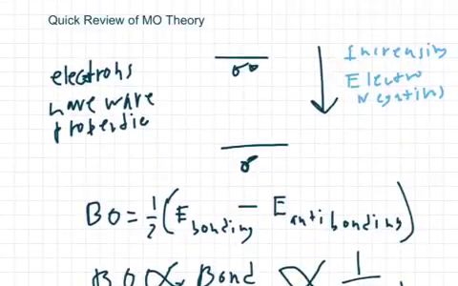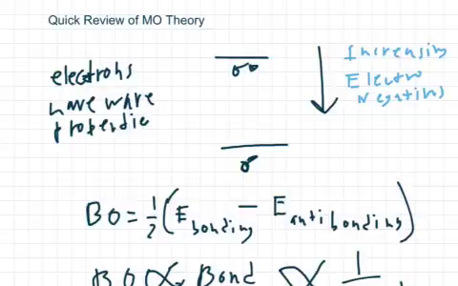Molecular orbital theory is based on the fact that electrons have wave properties, and this means that they can interact with each other in bonds like waves. When waves interact with each other, they form what's known as destructive or constructive interference.